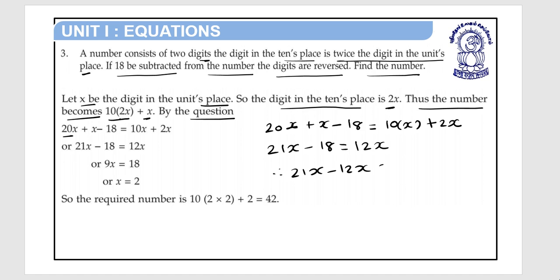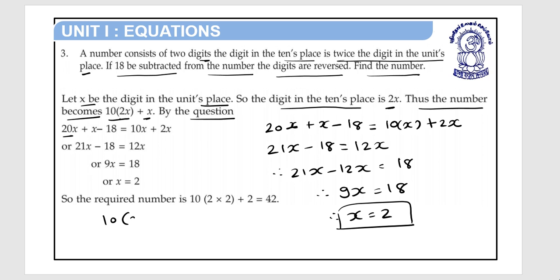21x minus 12x is equal to 18. So 9x is equal to 18, so x is equal to 2. Put the value of x into 10 into 2x plus x, the required number.